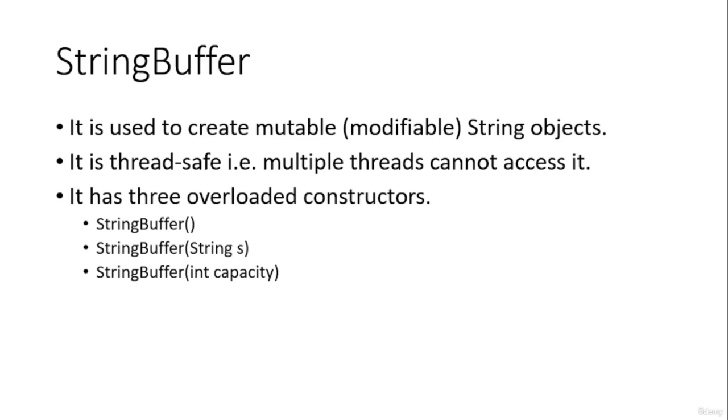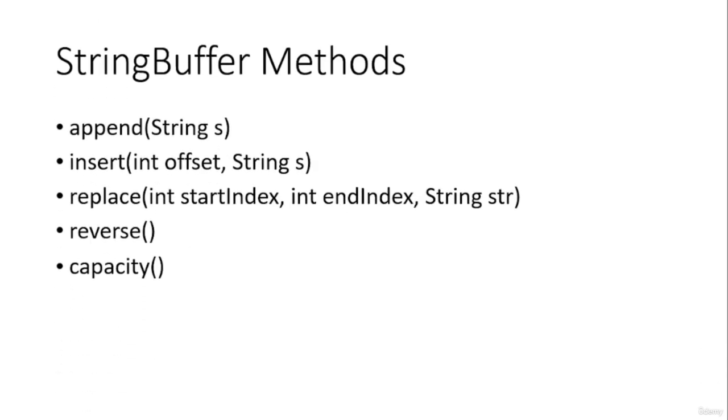We have three different constructors for string buffer: one without any parameters, one which takes a string to initialize the string buffer, and one which takes a capacity as a constructor parameter. Now let us see some of the methods in the string buffer class.